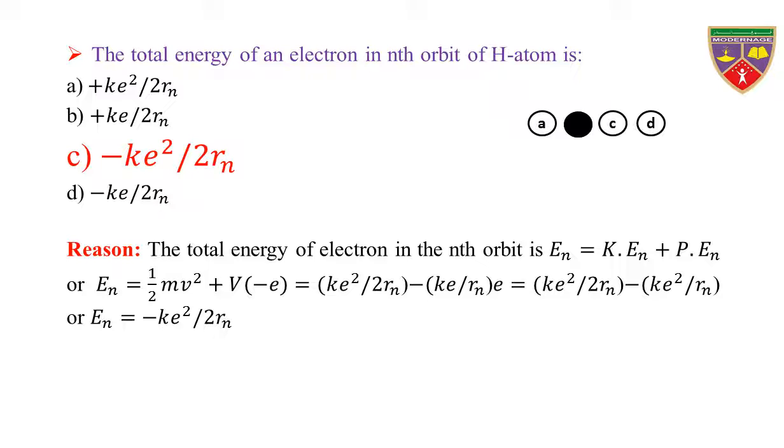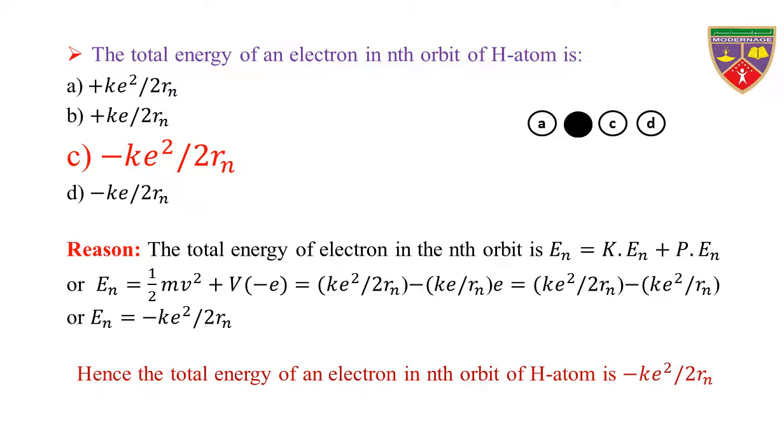Simplification gives En is equal to minus k e square divided by 2 Rn. Hence, the total energy of an electron in nth orbit of hydrogen atom is minus k e square divided by 2 Rn.